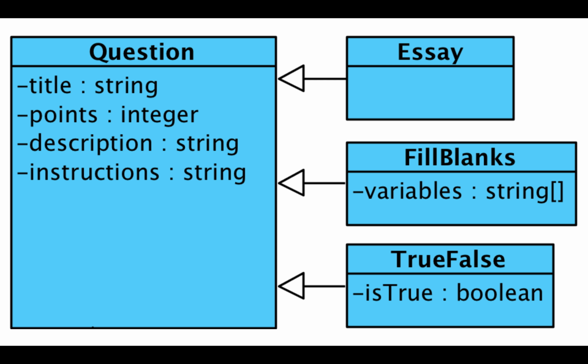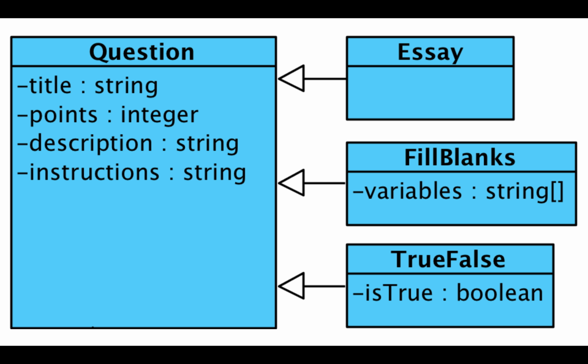Right? For instance, a true/false question. Not only does the true/false question also have a title and points and description and instructions, but additionally, it has attributes such as whether the answer is true or false. Yes? So it adds a new property, a special property of the more general case of a question.